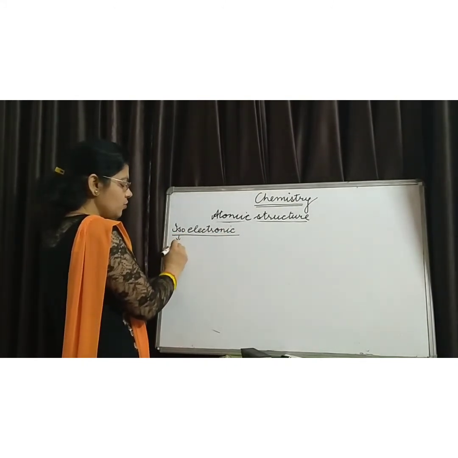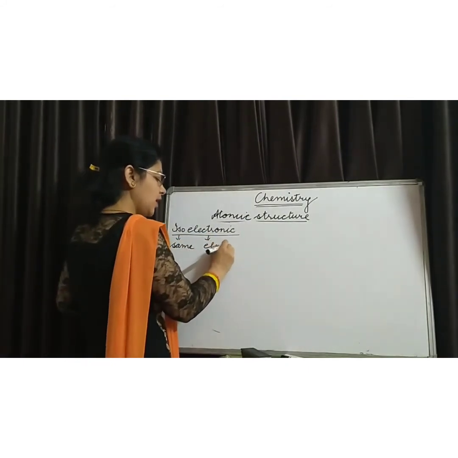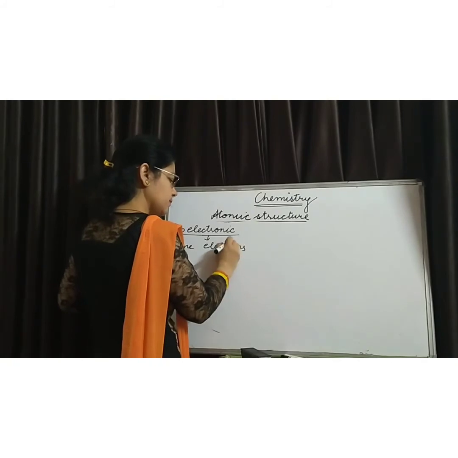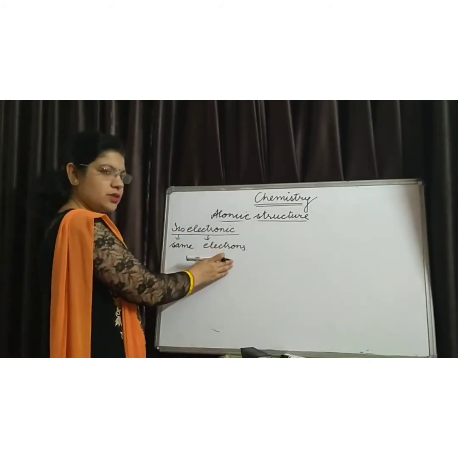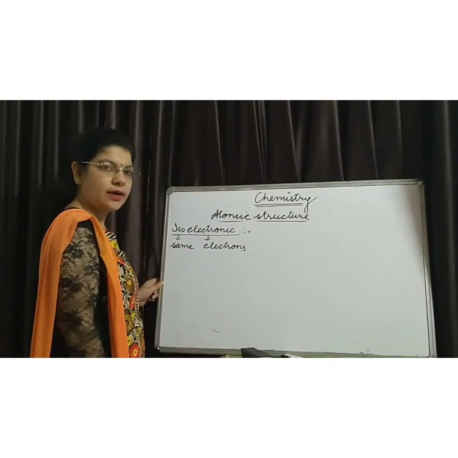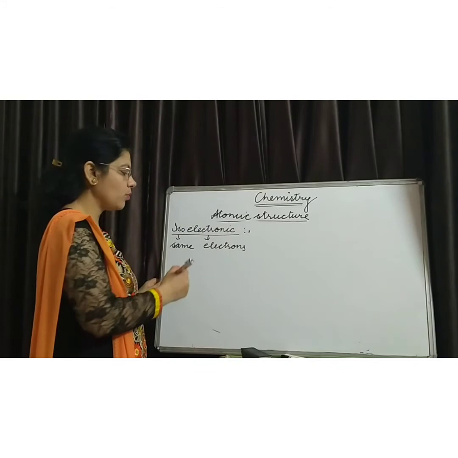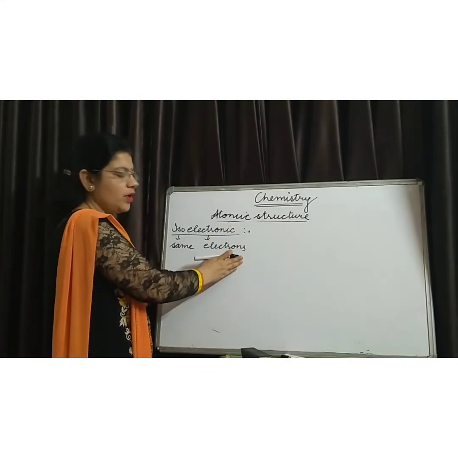The word iso means same, electronic means electrons. Hence, isoelectronic species are defined as the atoms or ions which have the same number of electrons.